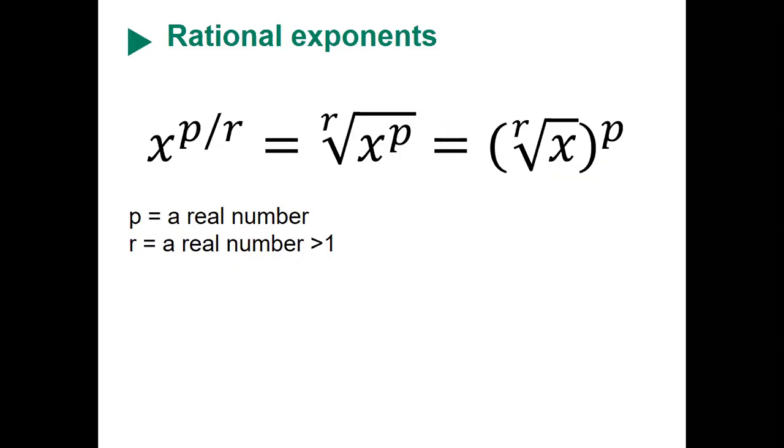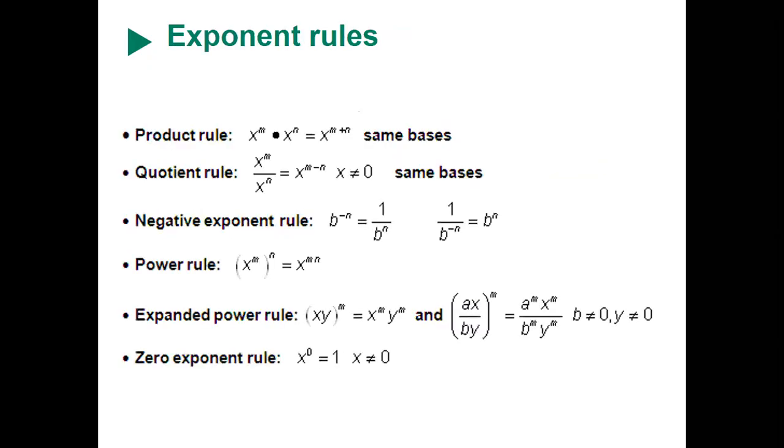Questions so far? Let's go over your exponent rules. Do these look familiar from algebra? Good. So exponent rules, you have your product rule. The product rule is if you are multiplying 2 numbers with the same base, then you add the powers. If you're dividing 2 numbers with the same base, then you're subtracting the powers.